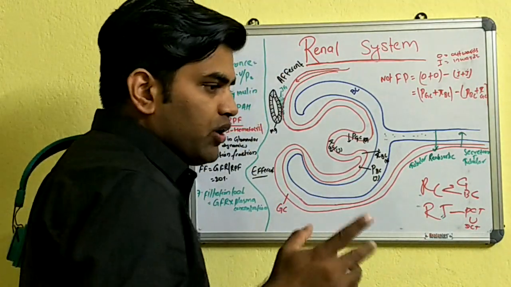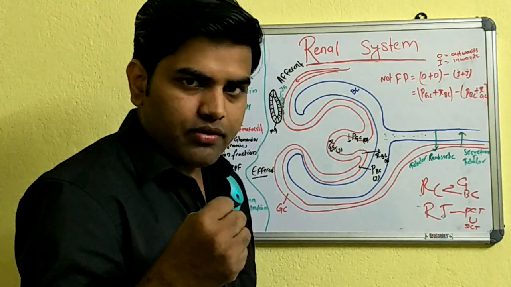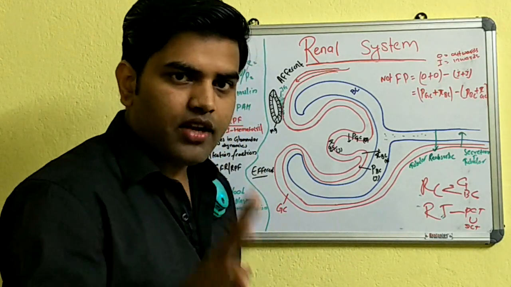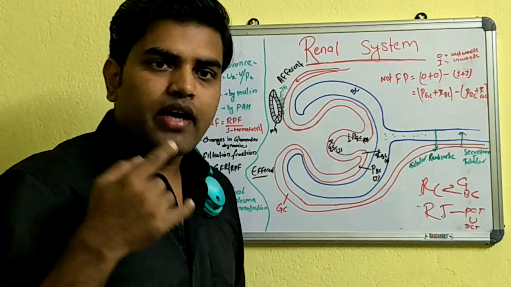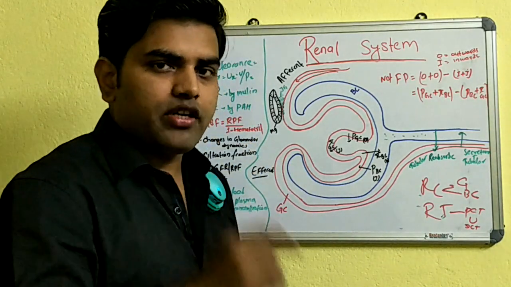Normally, anything in our blood is withheld. Normally water is withheld within the blood by forces. There are four forces that are applied every time to the liquid component of the blood.